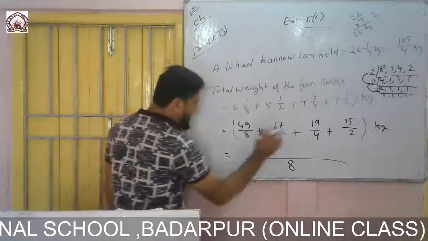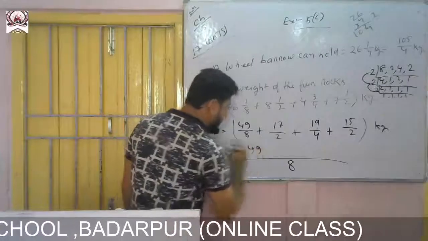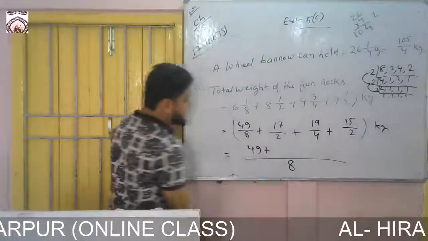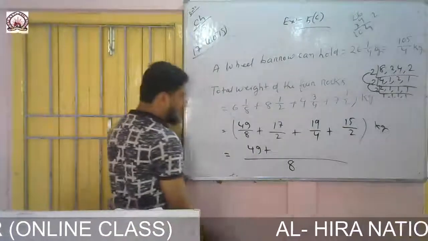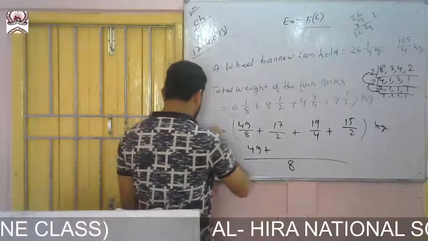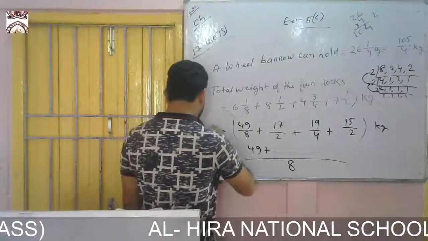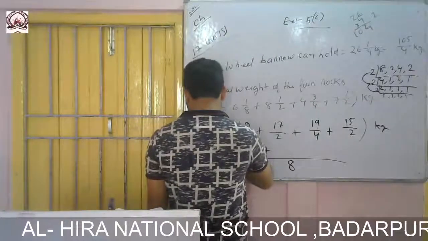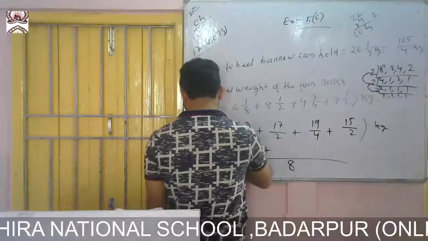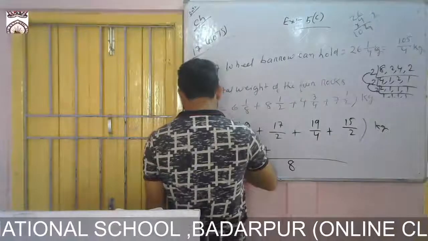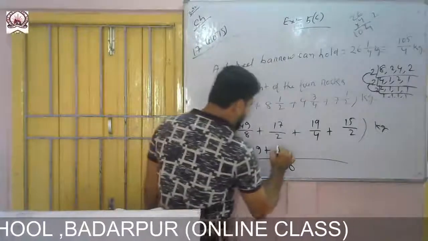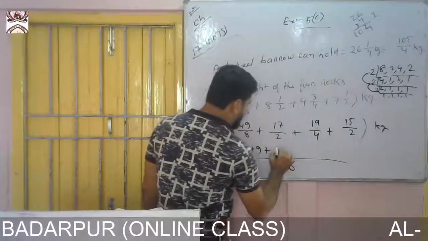So 8 1s are 8, so 49 will remain. 49 plus 2 4s are 8. Then 7 4s are 28, 17 4s are 68.